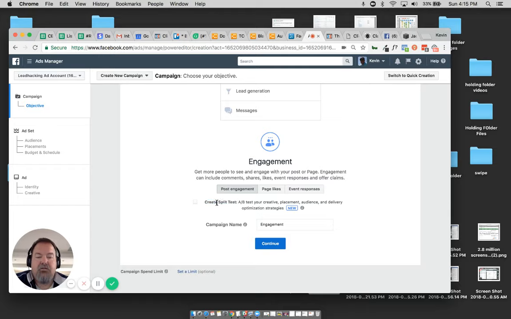I do that a lot of times. The other reason I run engagement is to warm up a post before we start advertising it. It's always good to spend 50 or $100 on an engagement ad to give your post some likes, comments, and shares, so that once you start running a different ad type, the post already has some social proof on it.